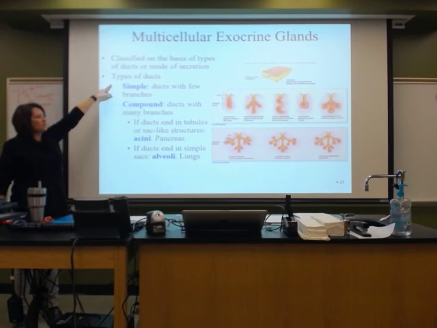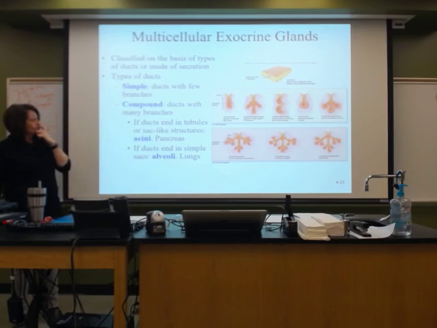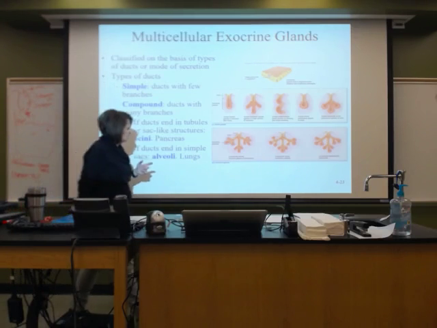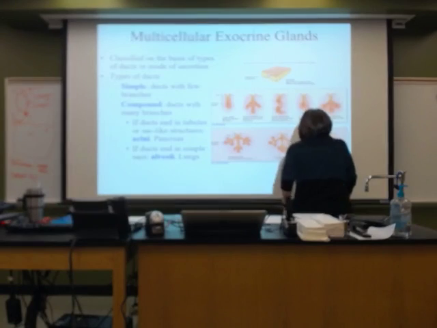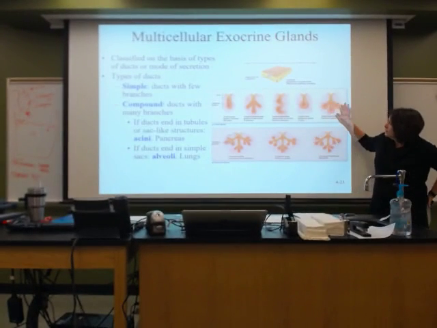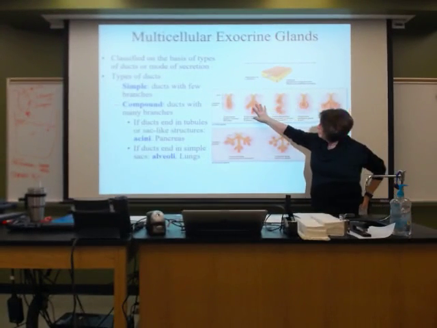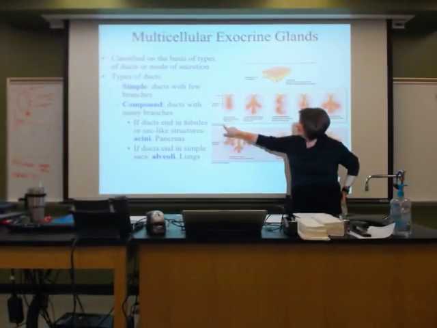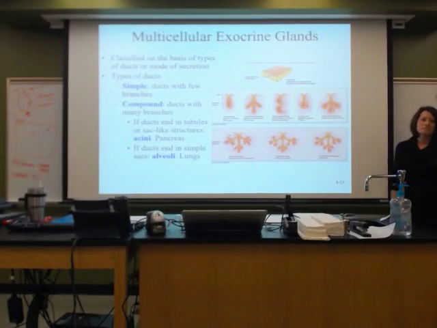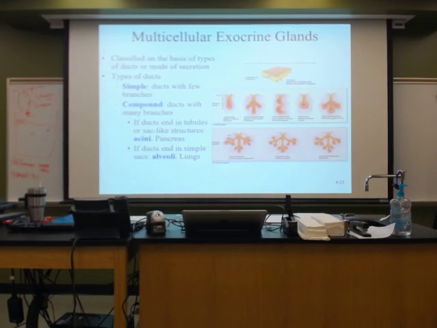The ducts that are present. Let me come over here and look at this. Up here in this picture right here, these are simple glands. Can you take a guess as to why they classified them simple?